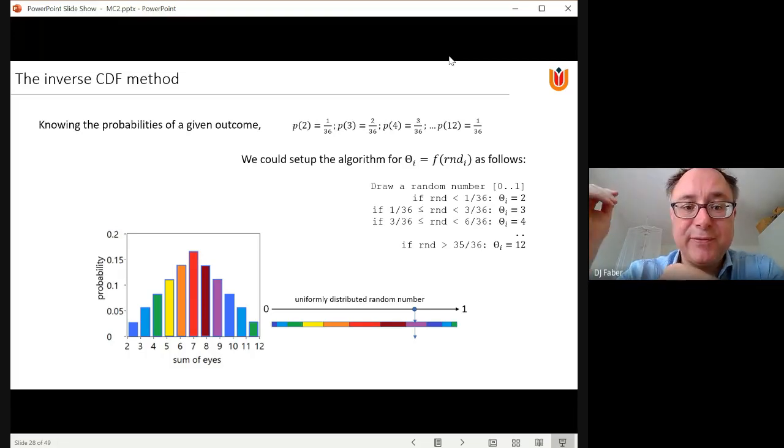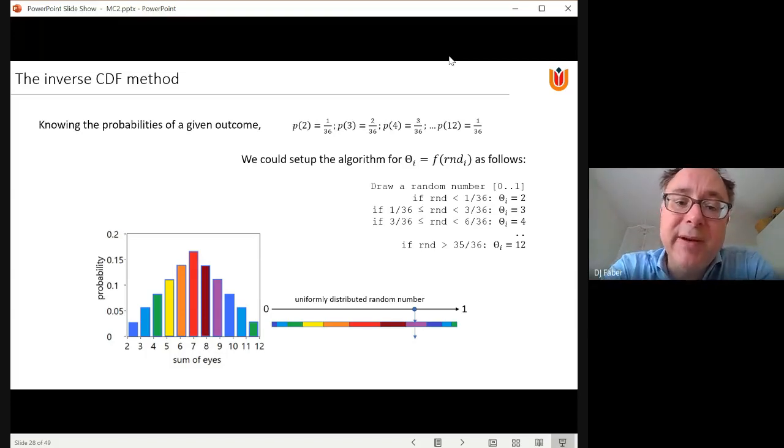The probability of throwing a sum of i's of 3 is 2 over 36, because there were 2 possibilities to obtain that, etc., etc. So we could set up an algorithm to solve this sum of i's as a function of a random number as follows.